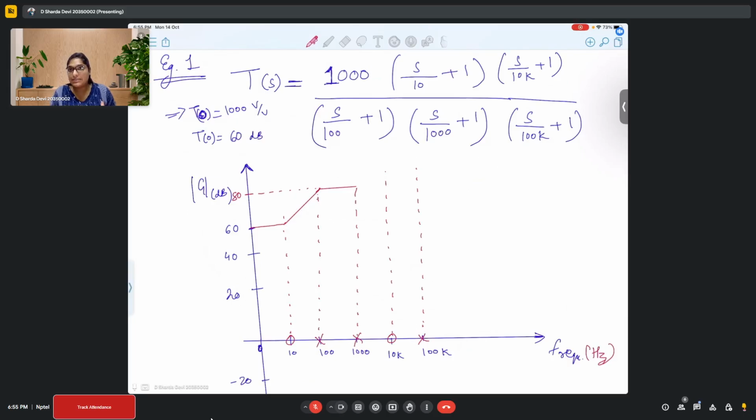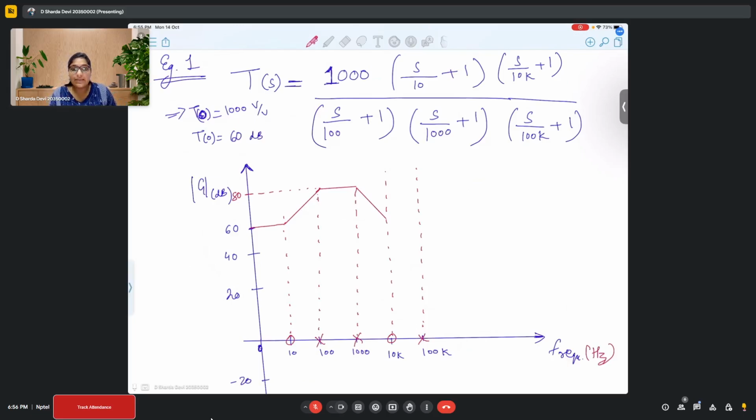So the resultant is flat. Correct? Now what happens at 10K? It will decrease with minus 20 dB per decade. So it will again come to 60 dB.